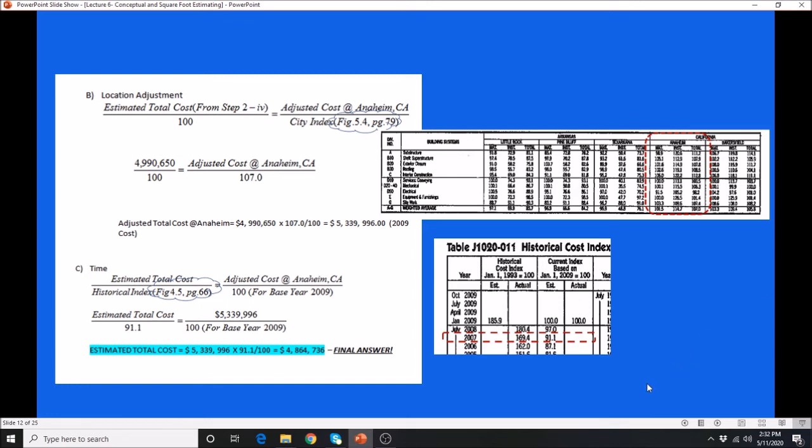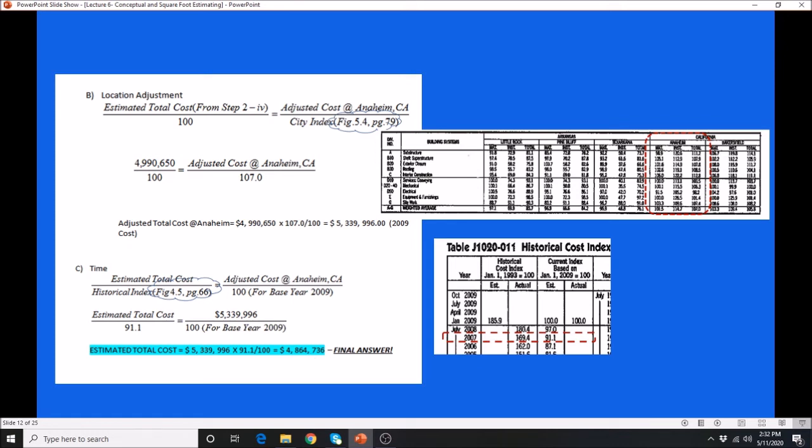So for you to be able to project beyond 2009, per year change, you need to add about 5.1%. And I think I have an example for that as we move on. Just cross multiply and divide by 100, and that gives you the final answer.